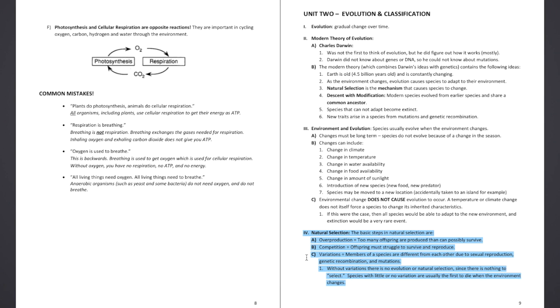Members of a species are different from each other due to sexual reproduction, genetic recombination, and mutations. 1. Without variations, there is no evolution or natural selection, since there is nothing to select. Species with little or no variation are usually the first to die when the environment changes.